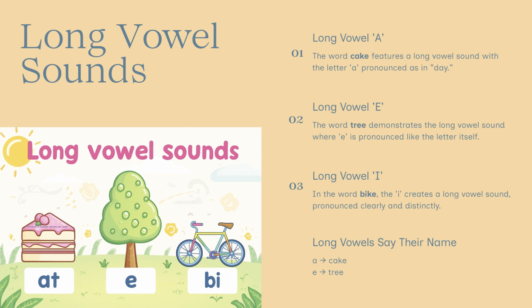Long vowel sounds like A say their name in the word cake, day. E, tree, says his name there. The long vowel I can be found in the word bike.